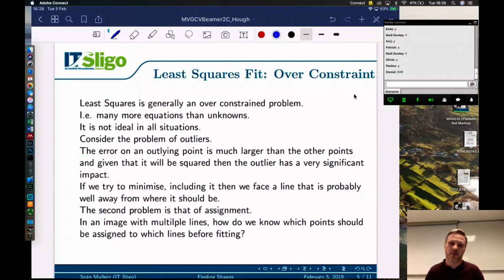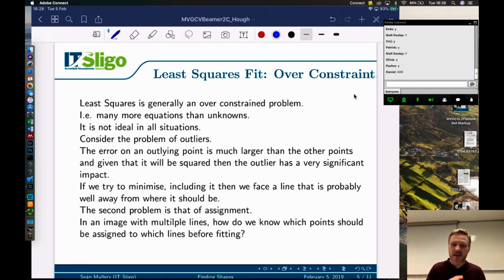So it's not ideal in all situations. Consider the problem of outliers. The error on an outlying point is much larger than the other points, and given that it will be squared, the outlier has a very significant impact. If we try to minimize including it, then we end up with a line that is probably well away from where it should be. And we saw the example of that.